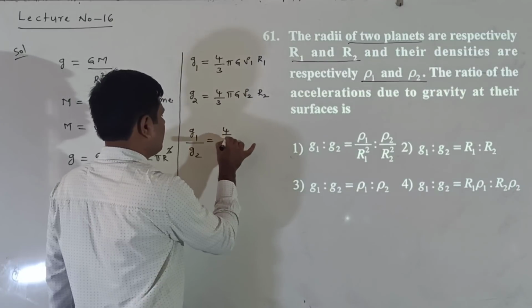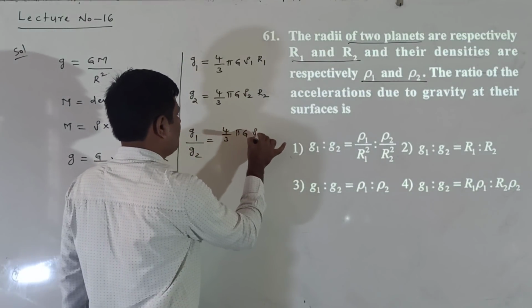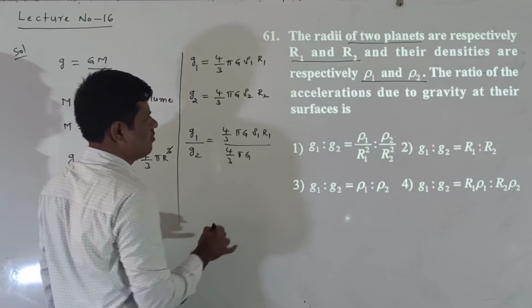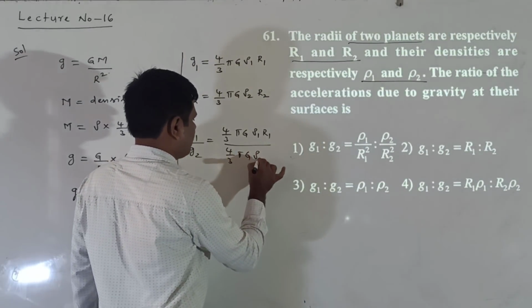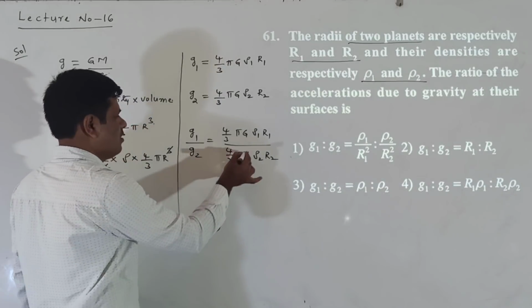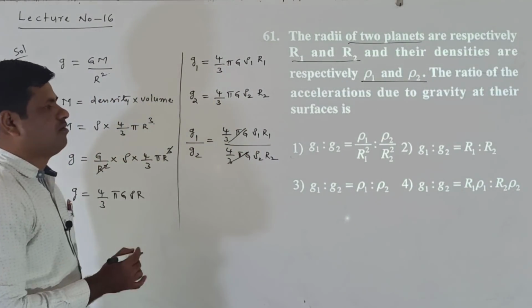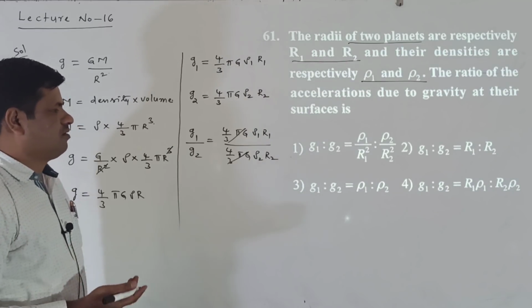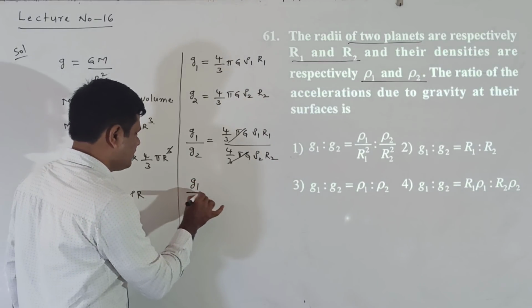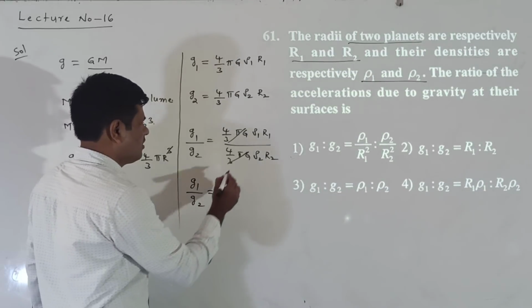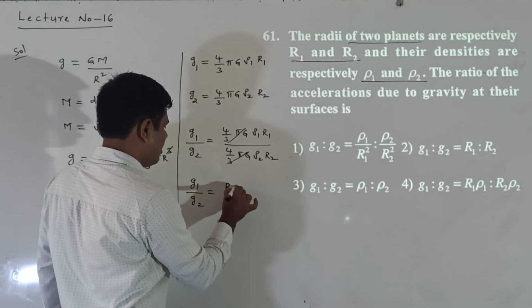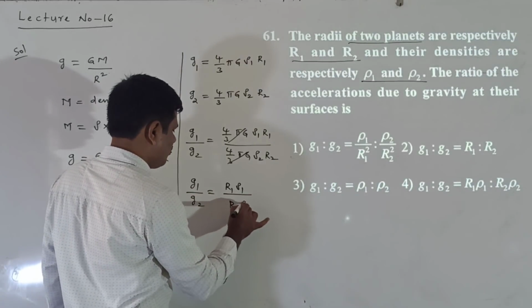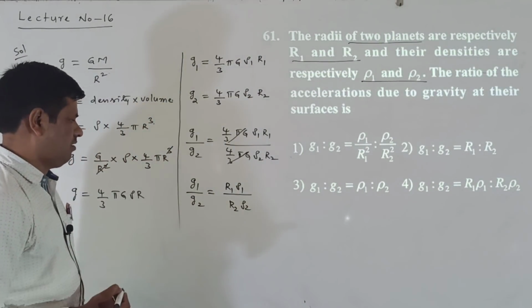g1 by g2 is equal to 4 by 3 pi G rho 1 r1 by 4 by 3 pi G rho 2 r2. Clear? The common terms cancel, and we get rho 1 r1 over rho 2 r2. Writing it as r1 rho 1 by r2 rho 2, since a into b is equal to b into a.